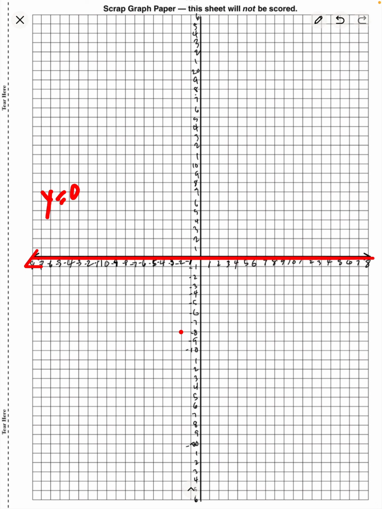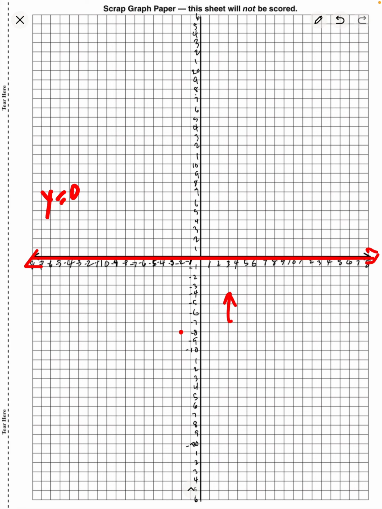There you go. So I'm trying to get from here to here. Now, they told us that the slope was undefined. And when the slope is undefined, that means that basically, that's a vertical line.